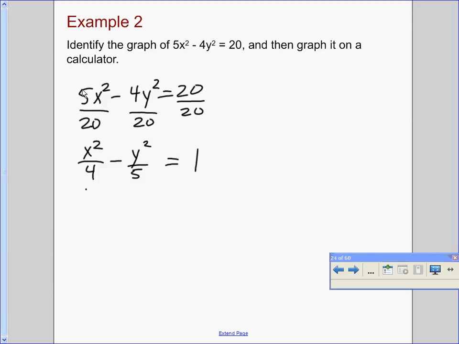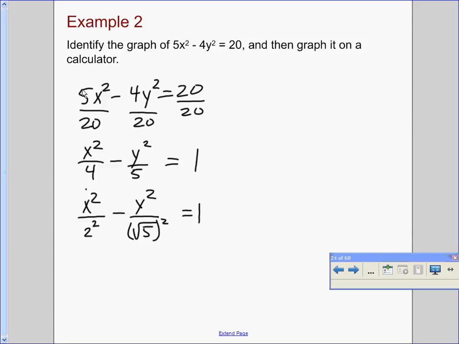Okay, from here I might want to rewrite it as x squared over 2 squared minus y squared over root 5 squared equals 1. All right, so what we have is a hyperbola because of the minus.